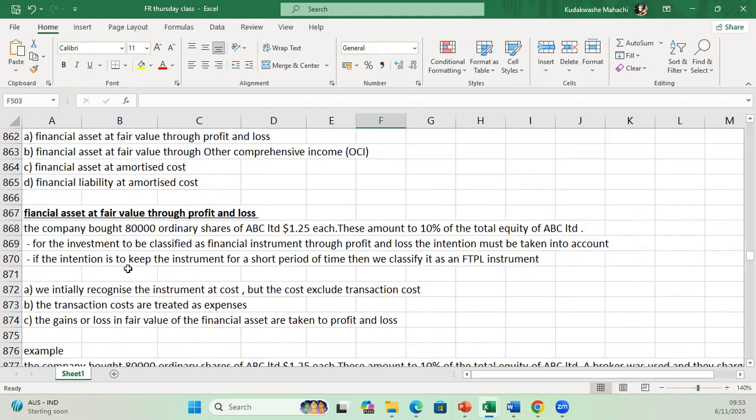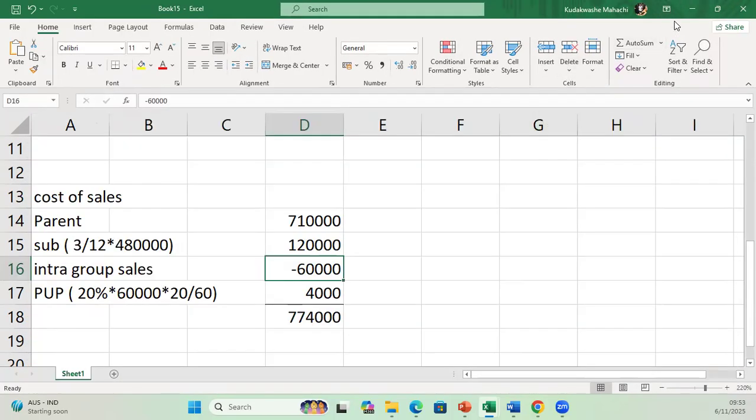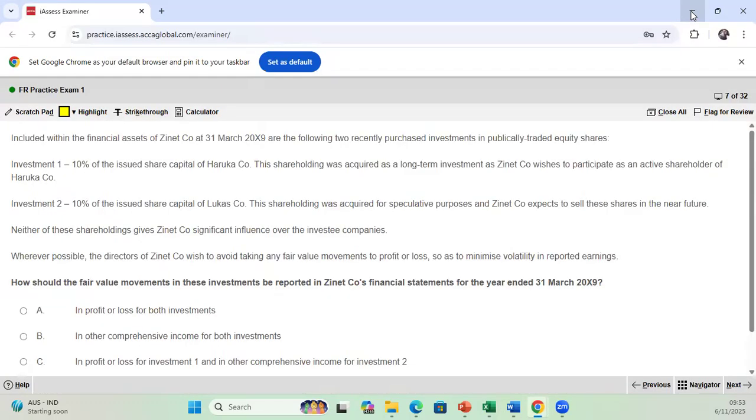So now looking at the question. Our question is centered on the issue of knowing whether we are holding this for a long time or for a short time.